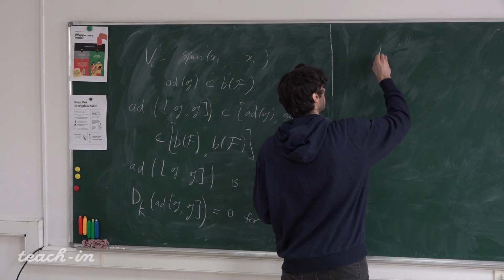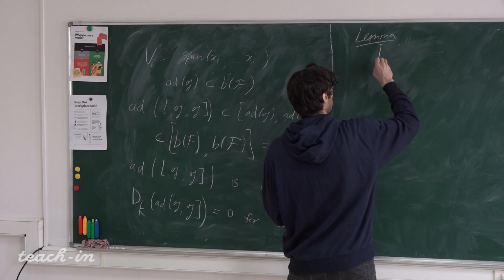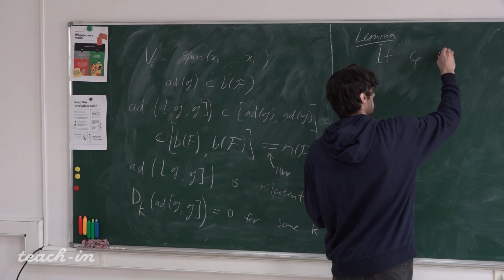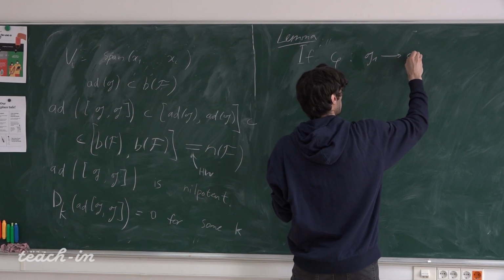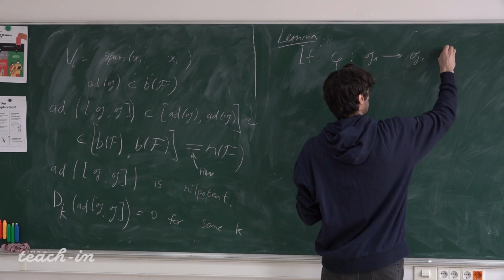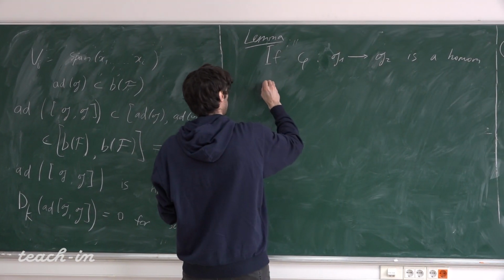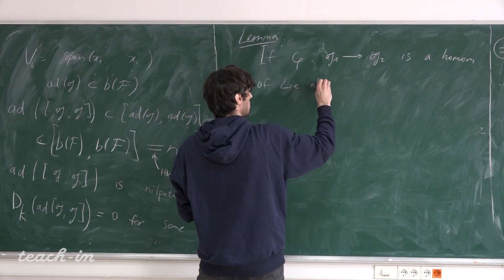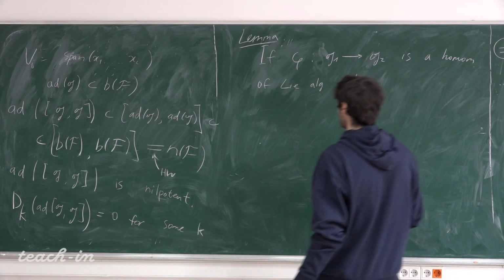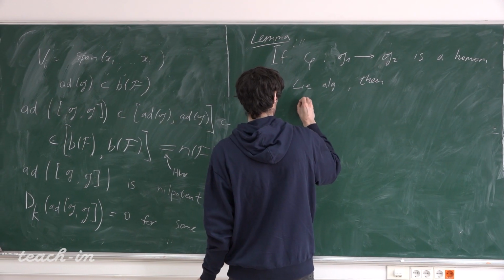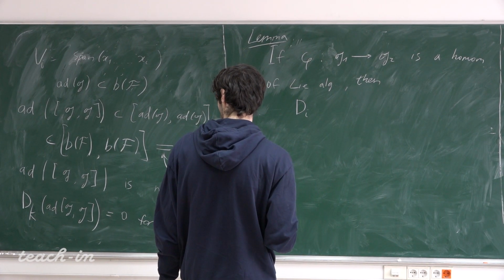Lemma, inside the proof: if phi from G1 to G2 is a homomorphism of Lie algebras, then we have D^i, it doesn't really matter which index, upper or lower, I take.